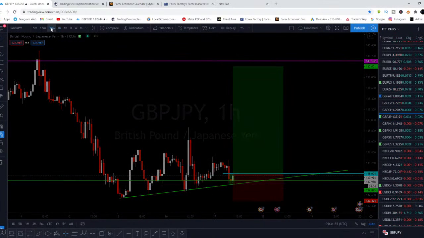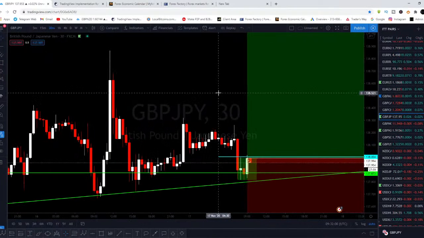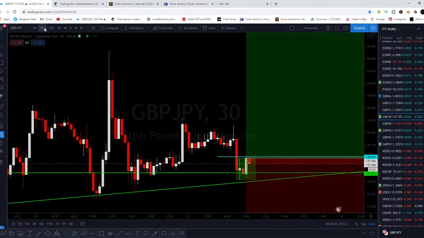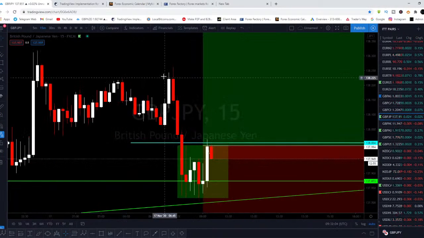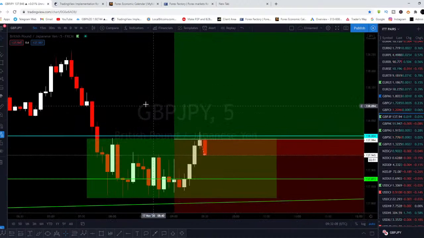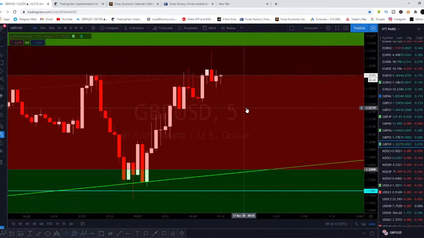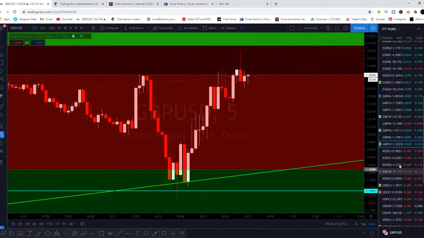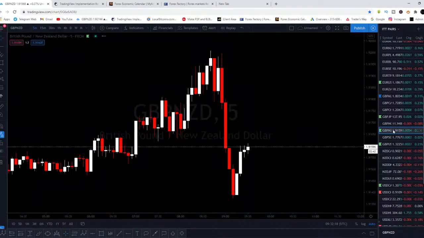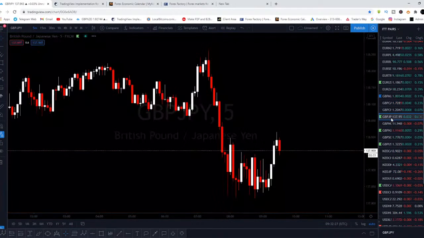So let's see what's gonna happen. GBP as well is trying to get back inside this zone. So let's see what's gonna happen.